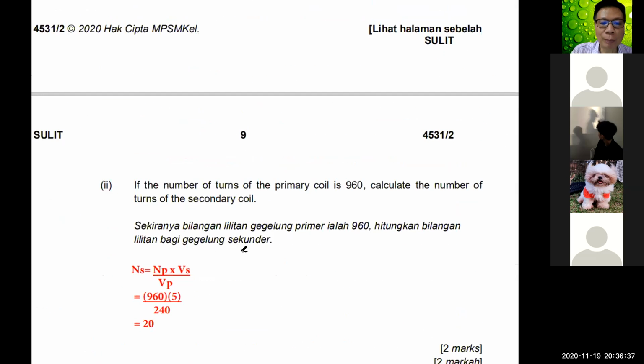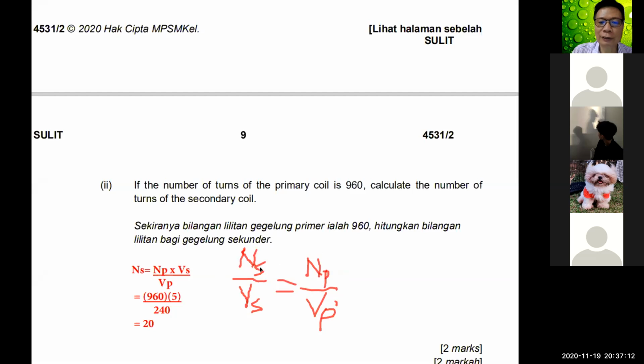So you start from this formula now. You write NS over VS, or secondary here now, equal to NP over VP. Like this also can. So many formulas like that. The answer here is using this formula: NS, VS, NP, VP.